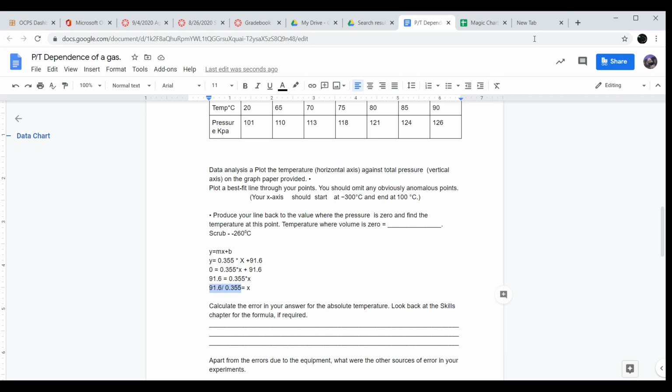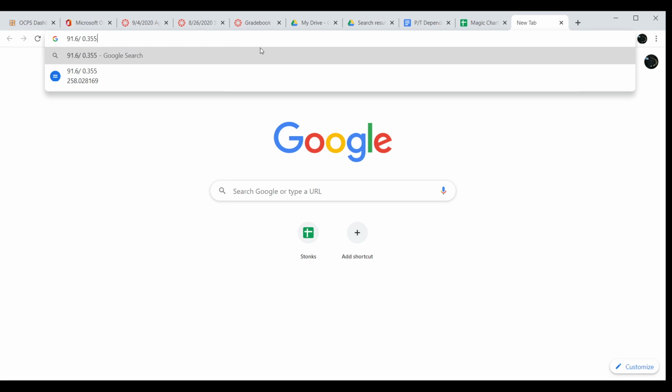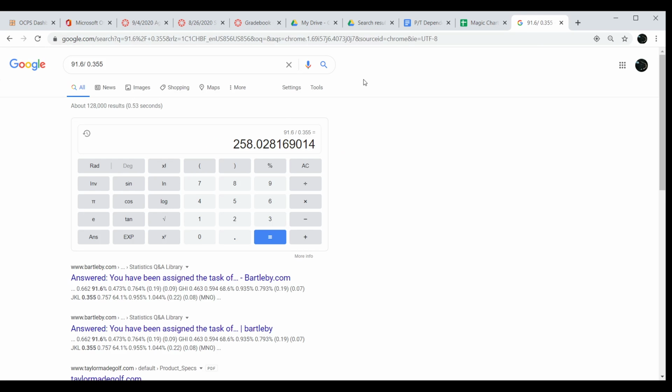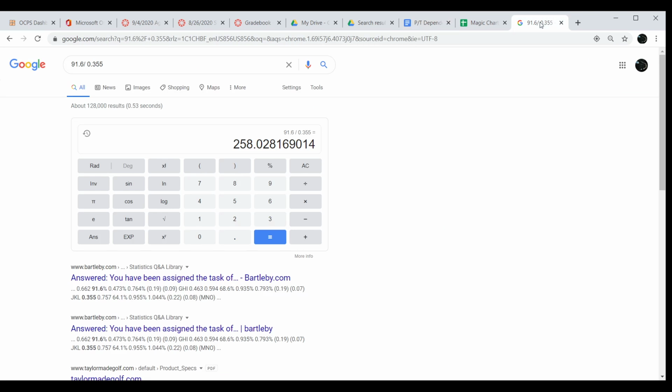I'm tired, so we're going to go ahead and use the calculator. It looks like our answer here is 258.028. So our non-scrub answer is 258.028.